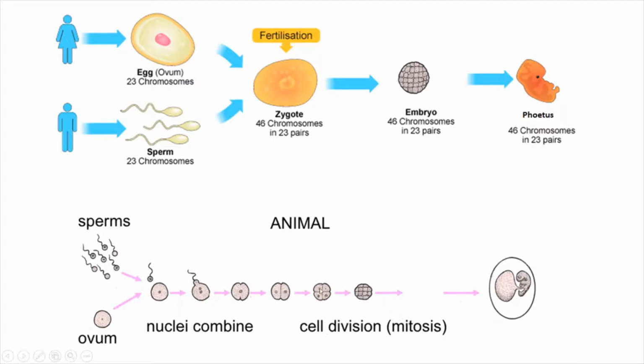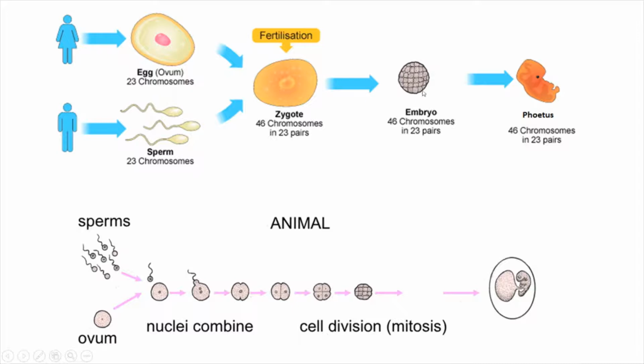That will divide and form 4, with 4 nuclei, 46 chromosomes each. 4 will give me 8, then 16, then 32, and we've got this stage. That is still an embryo. This embryo contains exactly the same genetic material in each cell as the zygote had, after all the divisions.